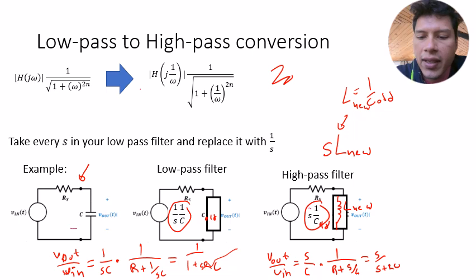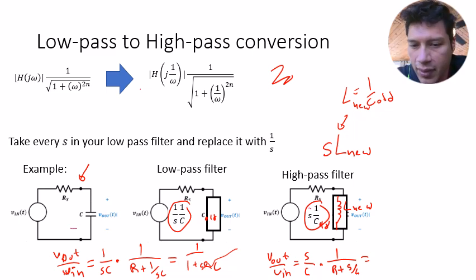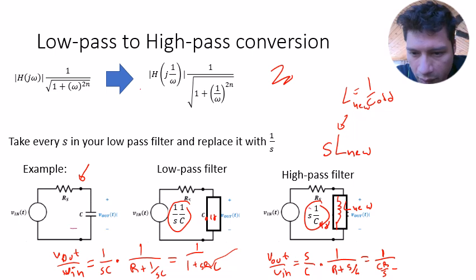And actually, I'm going to go ahead and divide both the top and bottom by S, so that this is actually equal to 1 divided by RC over S plus 1.